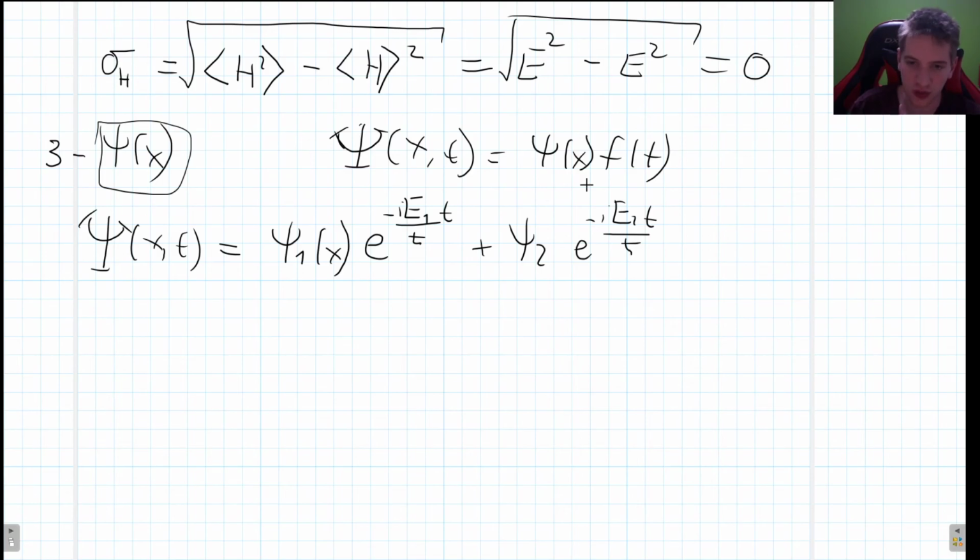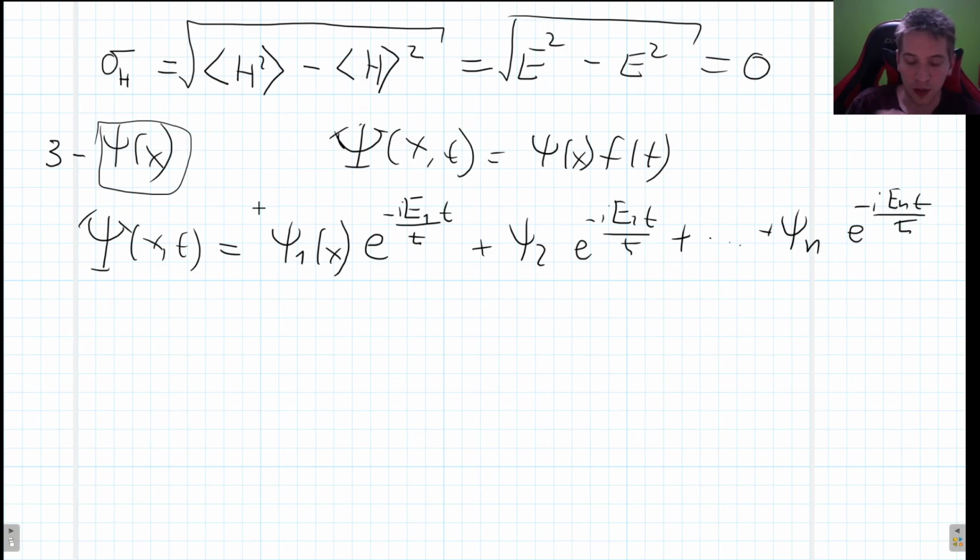Since they are all solutions to the Schrödinger equation, their sum will also be a solution to the Schrödinger equation, and we can have n of them, up to some term phi n e to the minus i E n t over h bar.